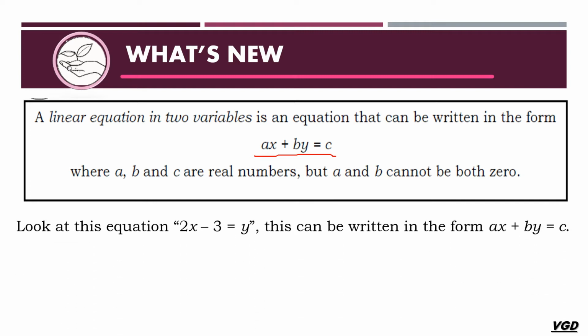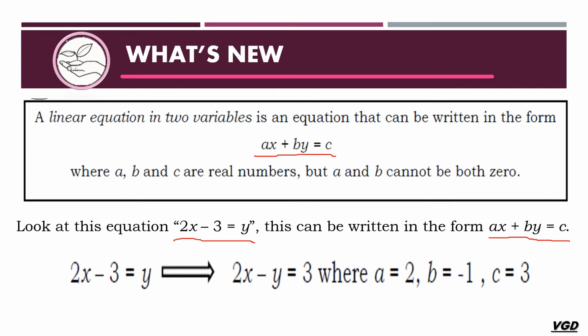So look at this equation, 2x - 3 = y. This can be written in the form ax + by = c. So we can write 2x - 3 = y as 2x - y = 3.